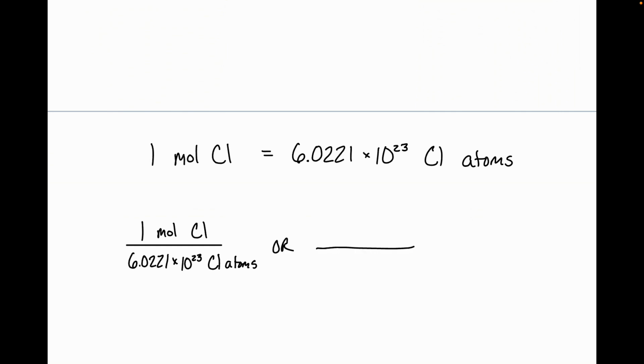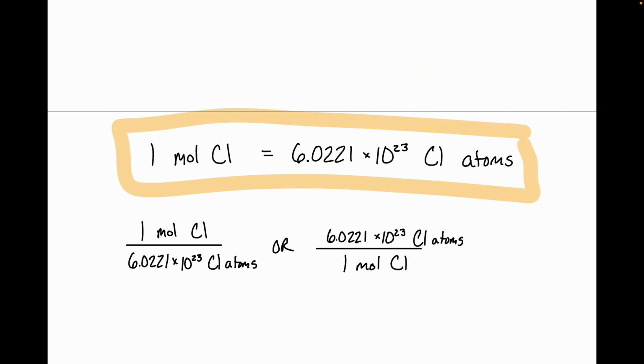Or, just like we can do before, we can take this and flip it. We can take the 6.0221 times 10 to the 23 Cl atoms on top and the mole of chlorine on the bottom. Right, so just like we did before, we took this equals relationship that we got from our constants page and we built one of these conversion factors out of it.